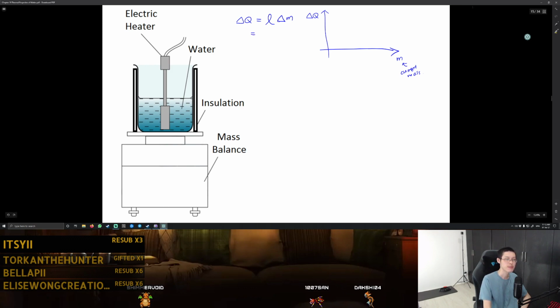So how is the current mass related to the change in mass? Well, the change in mass is the original mass minus the current mass.